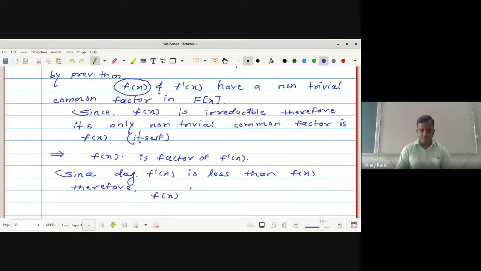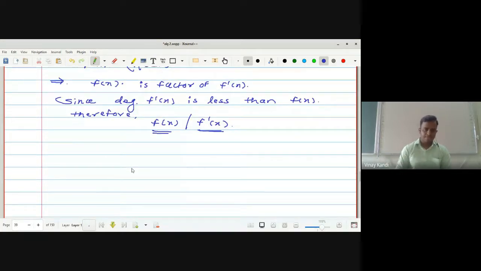That means f(x) divides f'(x), but the degree of f'(x) is less than the degree of f(x). So this implies, by the previous theorem, f'(x) must be the zero polynomial.